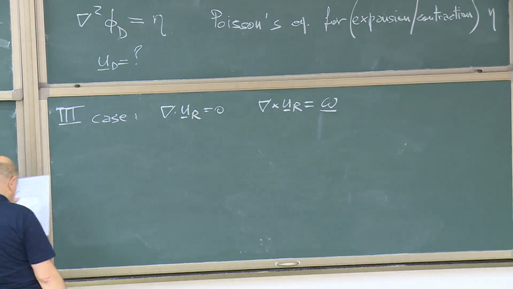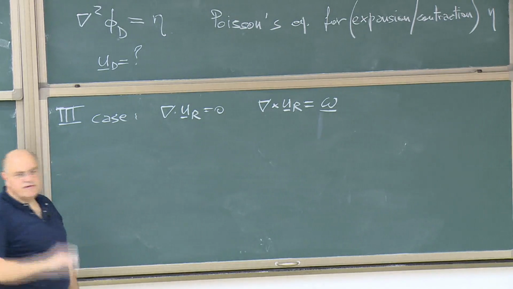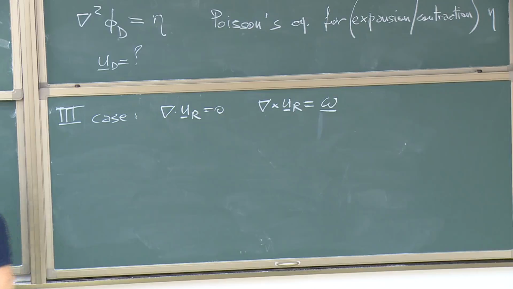So here we have a little bit of all these bad vector identities to use. I'm skipping this.